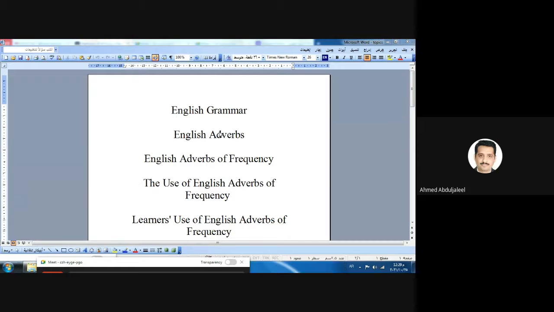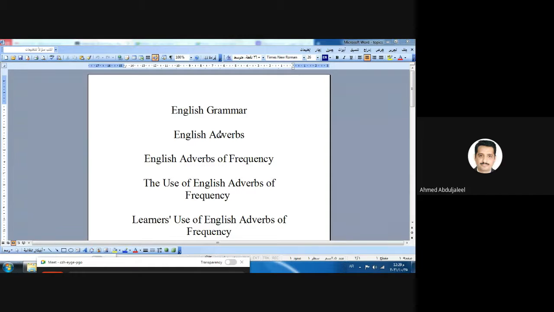Still, we are going to say that English adverbs is too general. How many adverbs? We have adverbs of place, adverbs of manner, adverbs of time. All these things are too many. So what to write about? We limit again the type of adverb, and we say English adverbs of frequency.